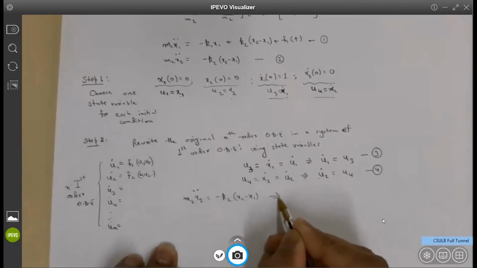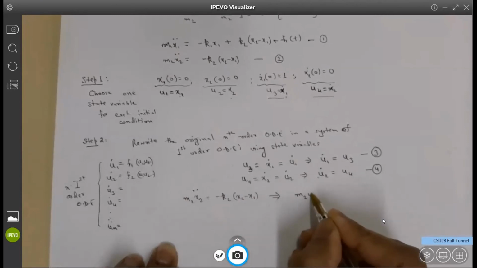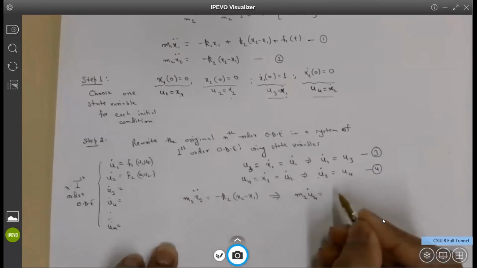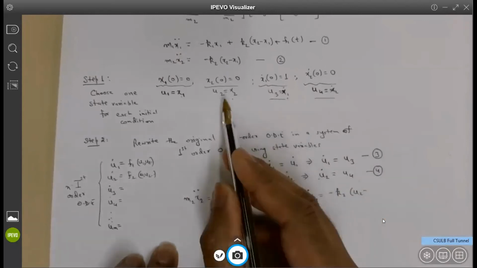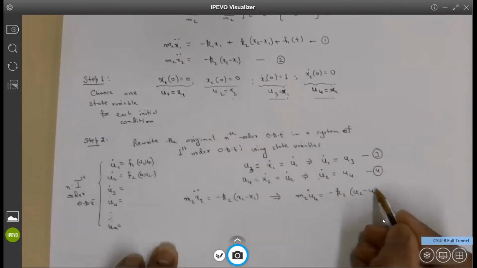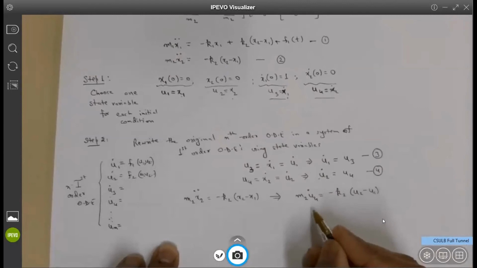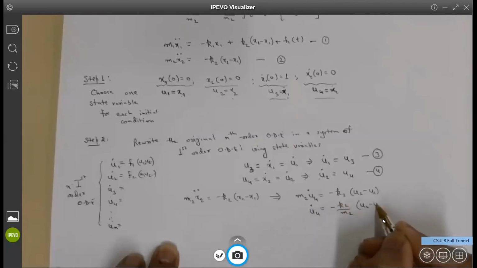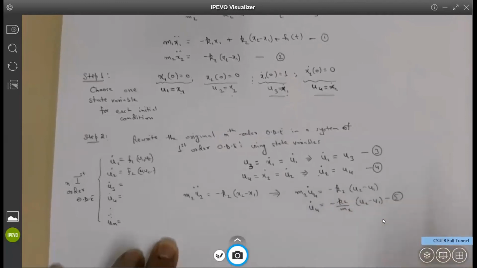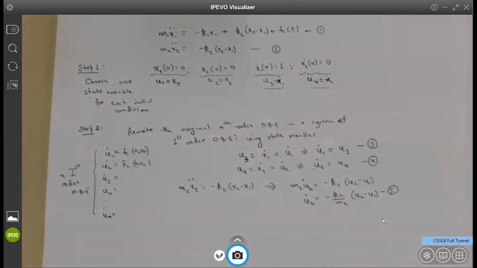I can write it as M2 times U4 dot, which is equal to negative K2 times U2, since U2 is X2, minus U1. Or I can take M2 over there. So U4 dot is equal to negative K2 divided by M2 times U2 minus U1. This is equation number 5. Are you getting that?